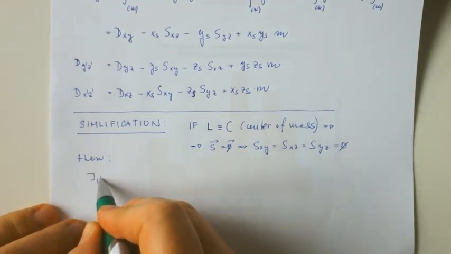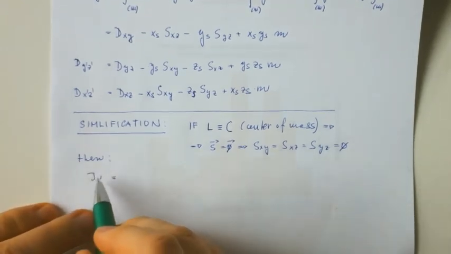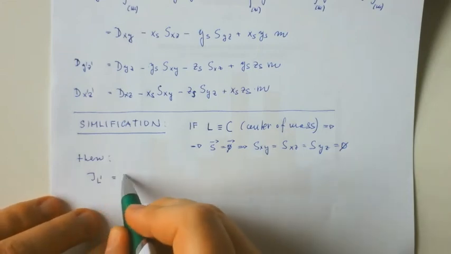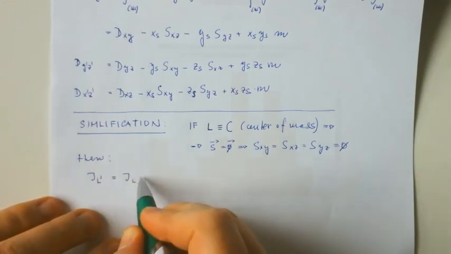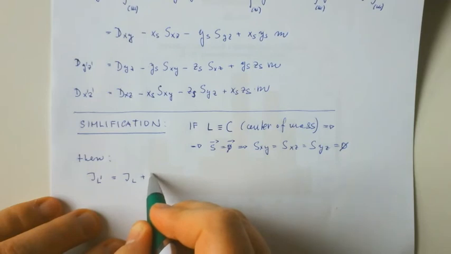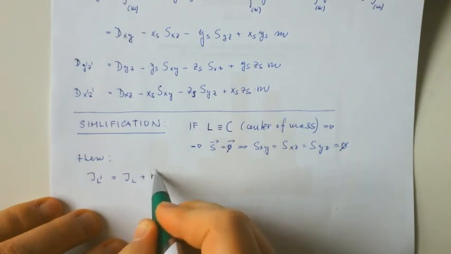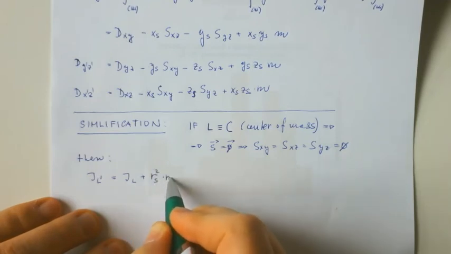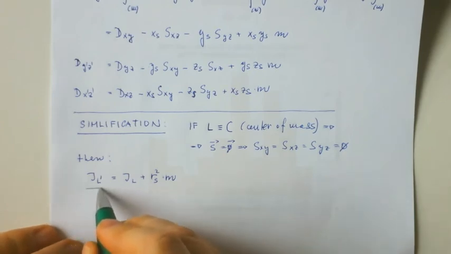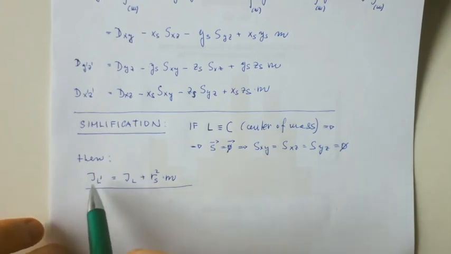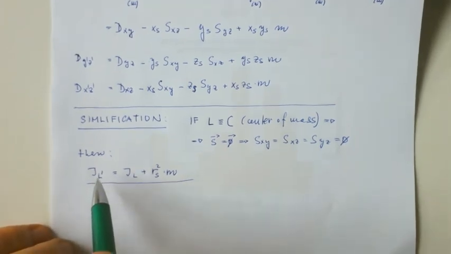So then J prime with respect to the point is J plus R square m. So it was the moment of inertia with respect to the new origin.